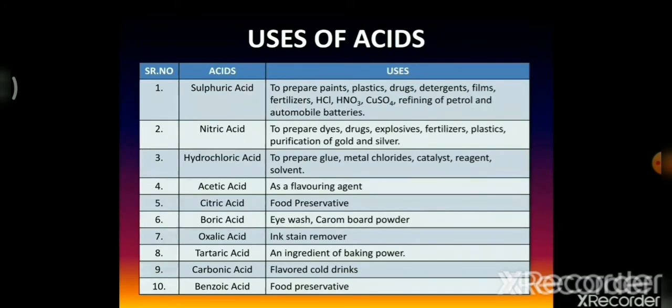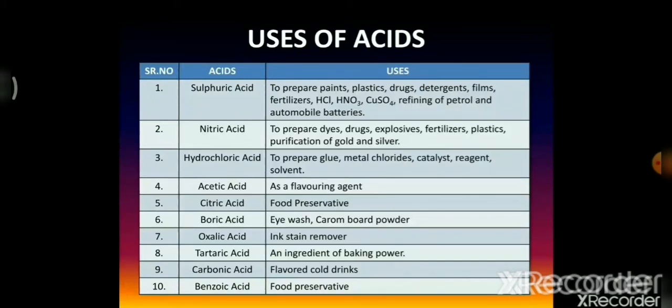Sulfuric acid is used in refining of petrol and petroleum products. It is used in automobile batteries. Another acid is nitric acid. It is used to prepare dyes, means color, drugs, explosives, fertilizers, plastics, and purification of noble metals like gold and silver. Students, sulfuric acid and nitric acid uses are approximately the same.